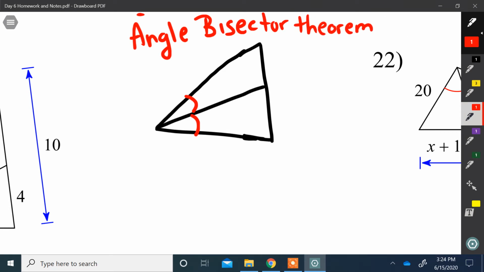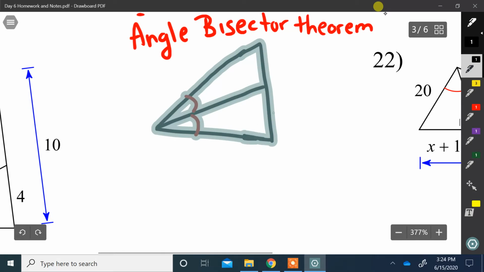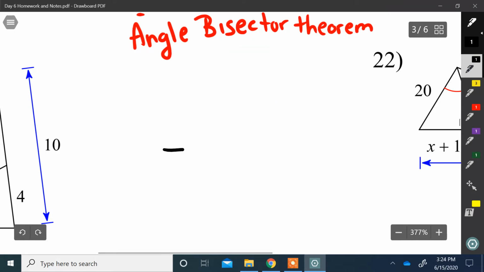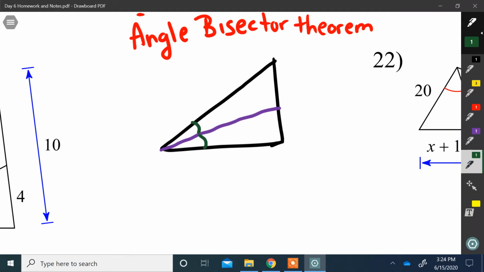Okay, so here's what the angle bisector theorem is. If you have a triangle, this is what it's saying. And that triangle is being intersected by another segment in such a way that this angle and this angle are congruent.